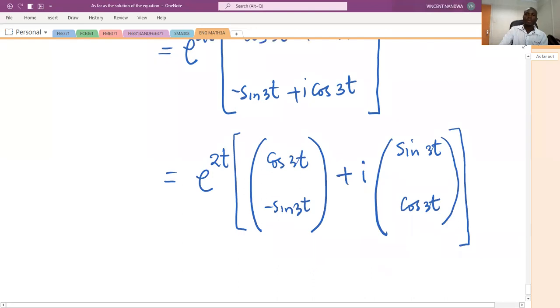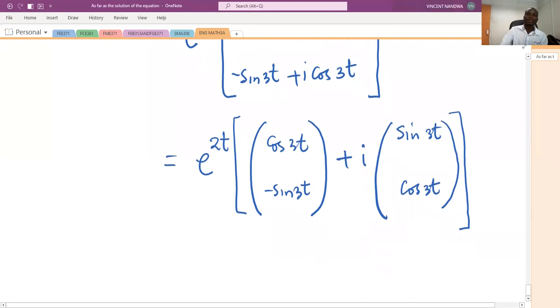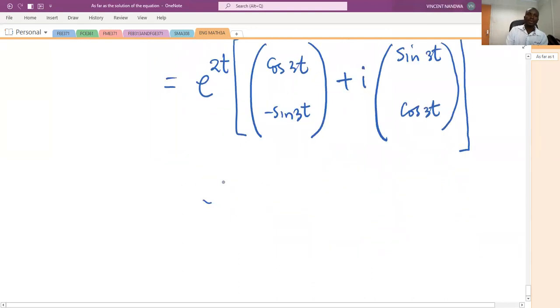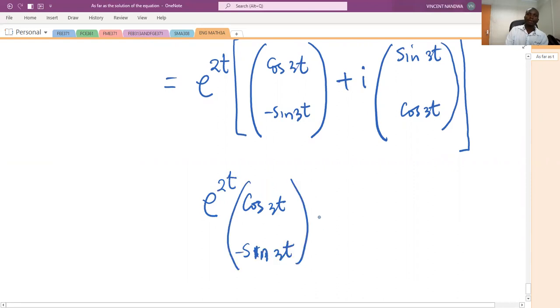So multiplying by the e raised power 2t, I'll get e raised power 2t times cosine of 3t, and then minus sine of 3t, plus i e raised power 2t times sine 3t, cosine of 3t.